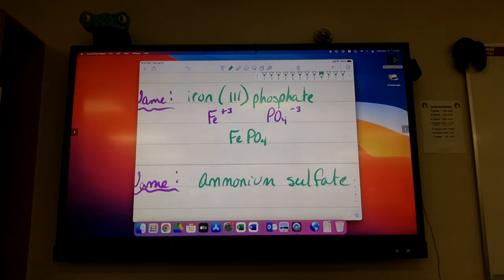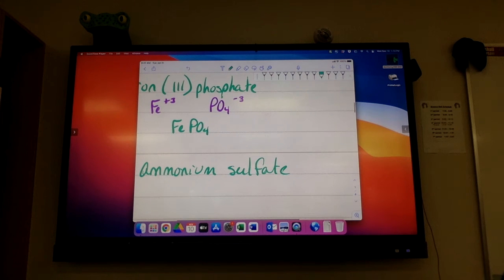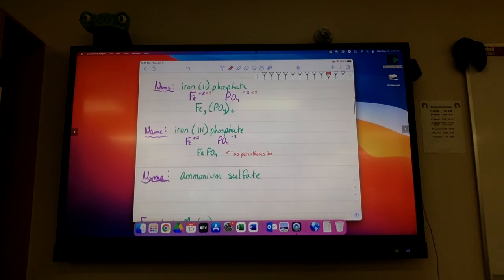Oh, I thought you said Fe3 PO4. Oh, I'm sorry. Yes, you were right. FePO4. No parentheses because you don't need more than one. Is this a new example from iron 2? Yeah, that's why I'm confused.